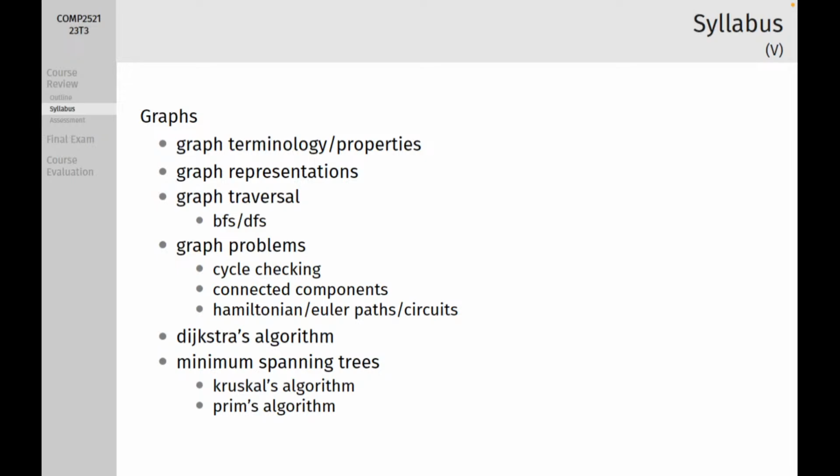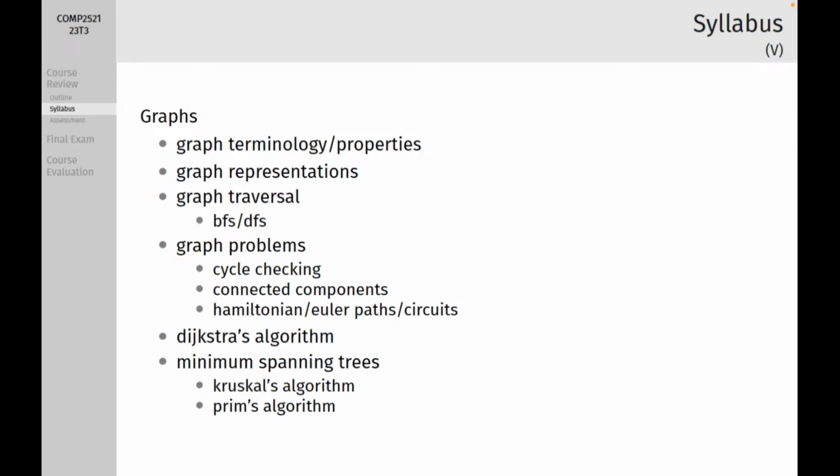So in particular, you've got your road network, that would be easily represented using a graph. The internet would be an example of a graph, and lots of other examples. So social networks is another example. Okay, we looked at a bunch of terminology and properties.